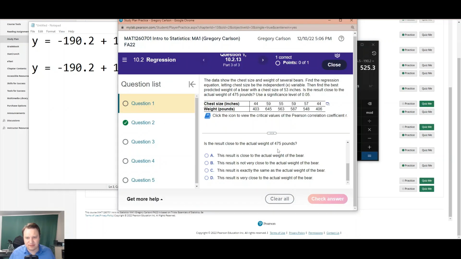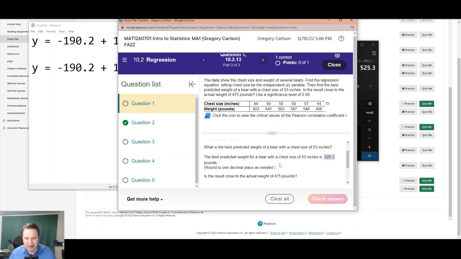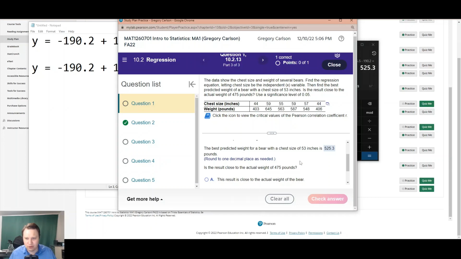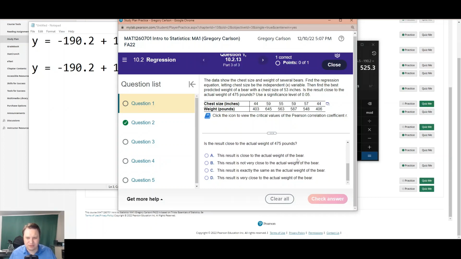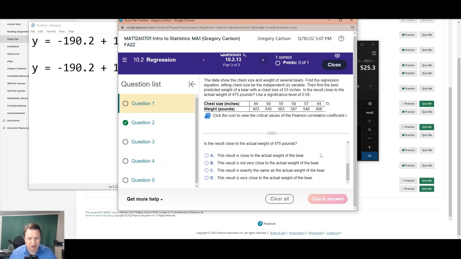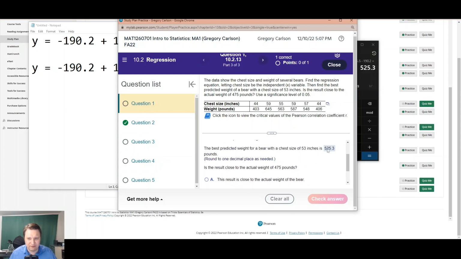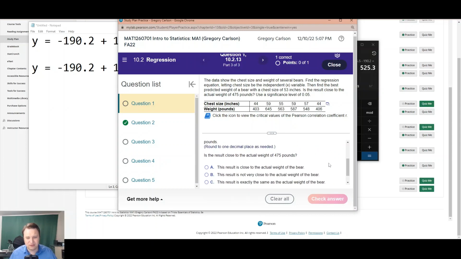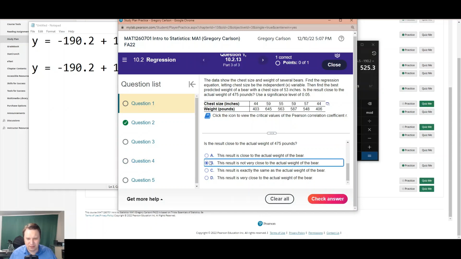I would say that that's not very close because you're off by 50 pounds. But this is kind of a guess. I'm not sure how they define it. But if it's 50 pounds off, that's about a 10% error because 50 divided by 500 is 10%. So I'm going to put not very close, and hopefully that's right.